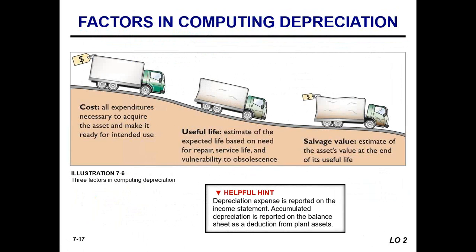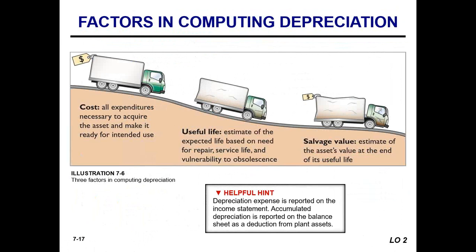How do we compute depreciation? Well, we know the cost is everything that it is necessary to get the item here and get it ready for use. Useful life is the expected life of the item.